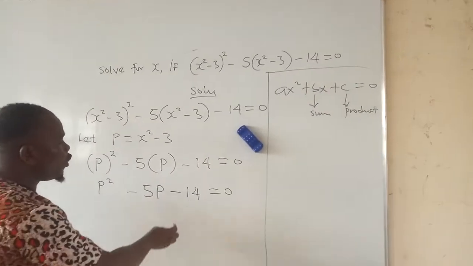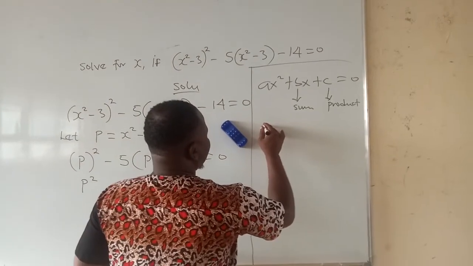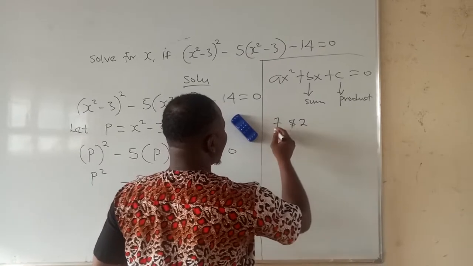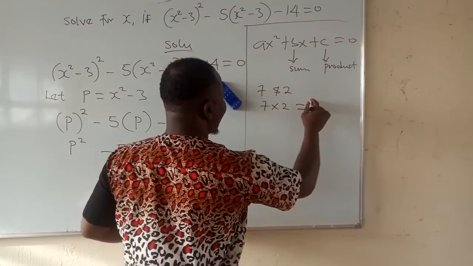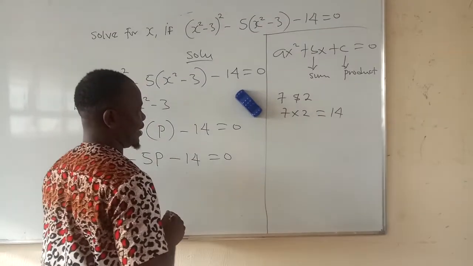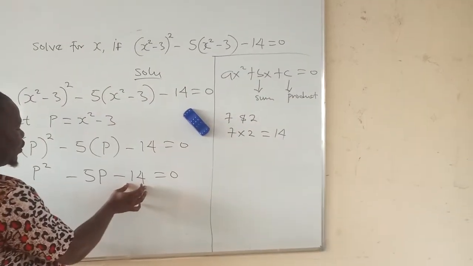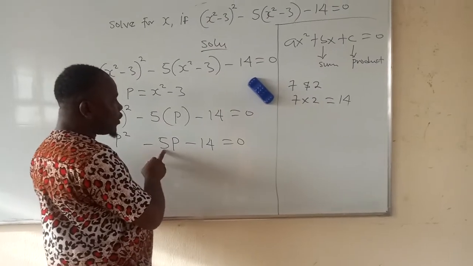We know very well that 7 and 2, if we multiply 7 by 2, we will have 14. But here we have minus, true or false? And we also have minus 5.